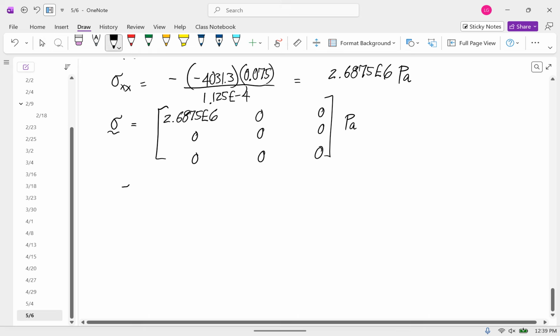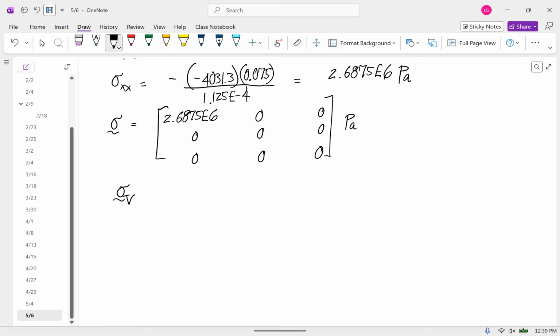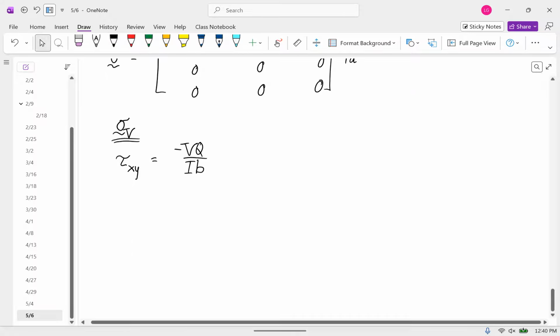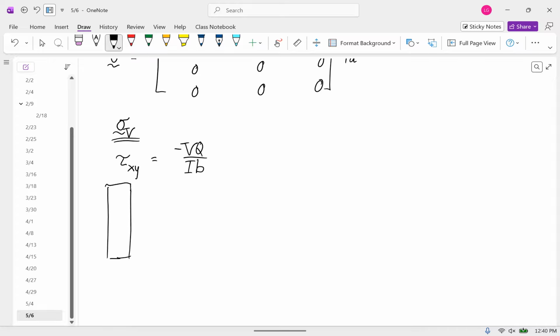And now we'll go to the shear force. This is an XY shear stress, and it's equal to negative VQ over IB. So first, let's calculate that Q. Here's our neutral axis.